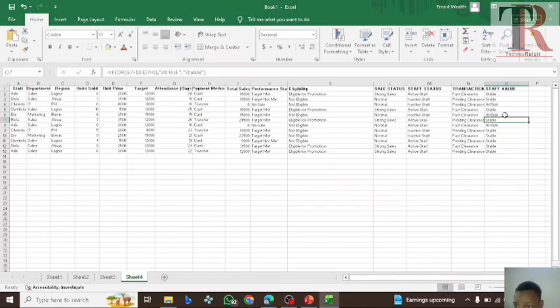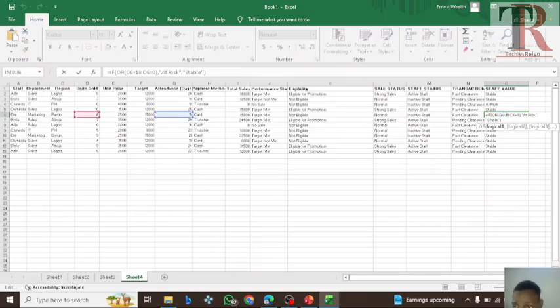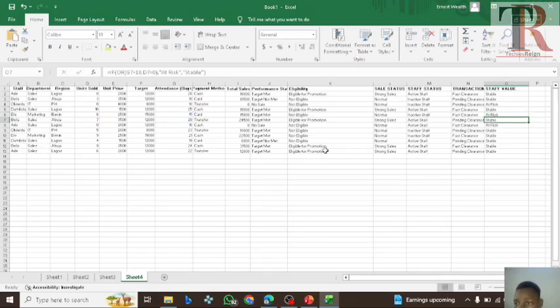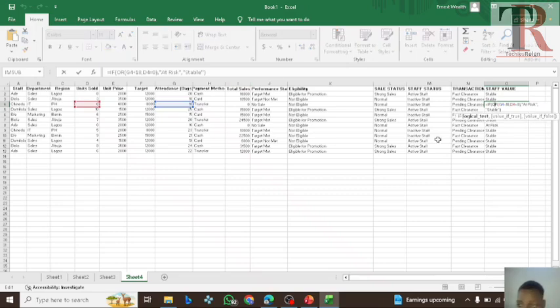Here too, okay, here is 15, it's less than 18, so it's 15 and 6. Here at risk. Okay, this is the one we're talking about. G4, less than 18 equals to 0.